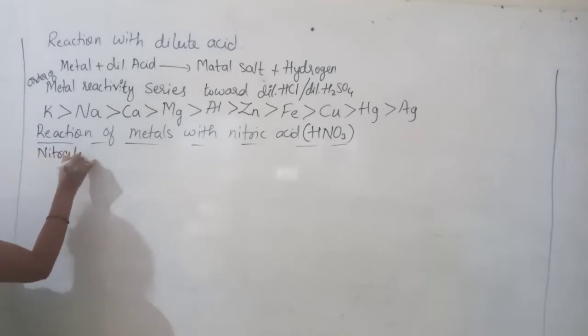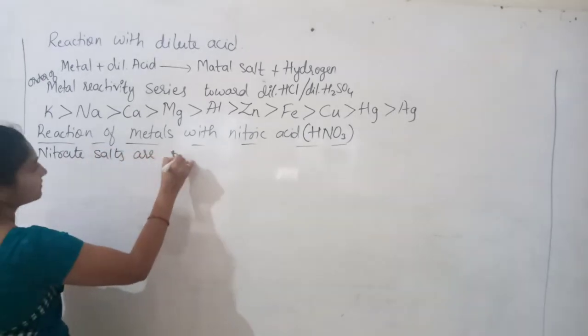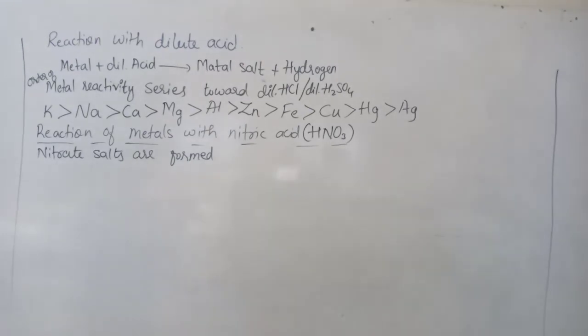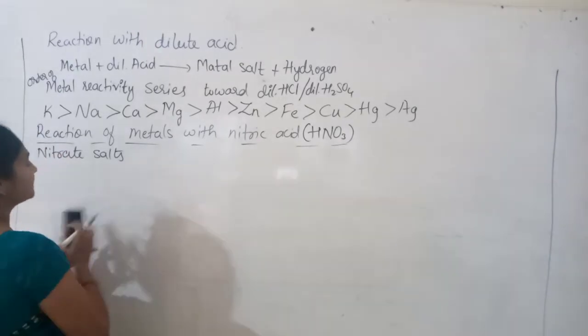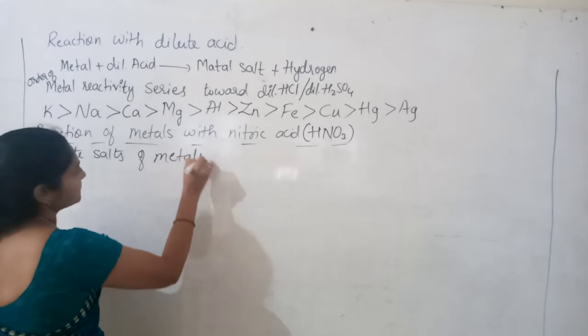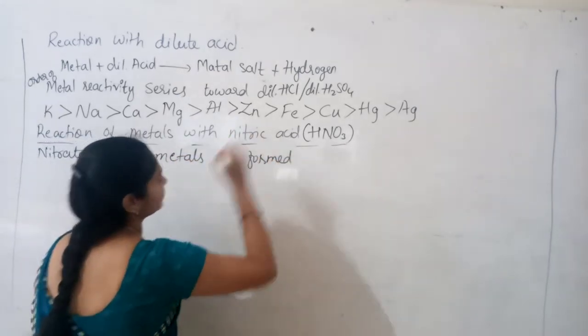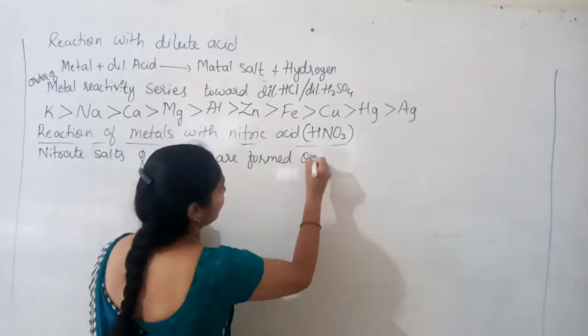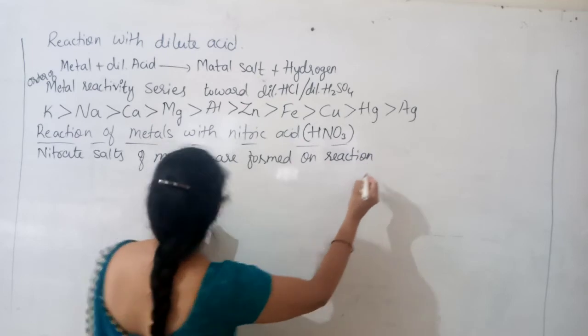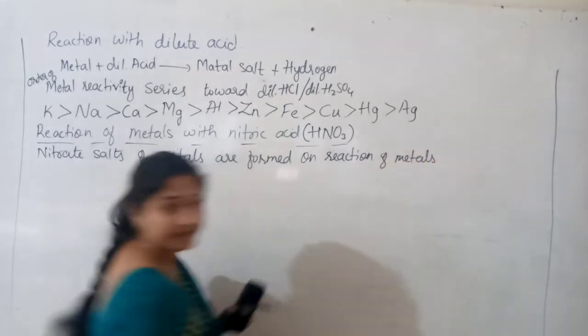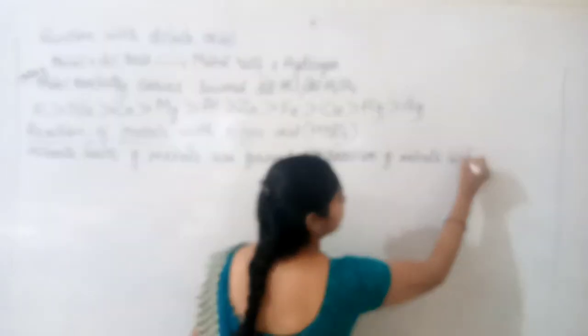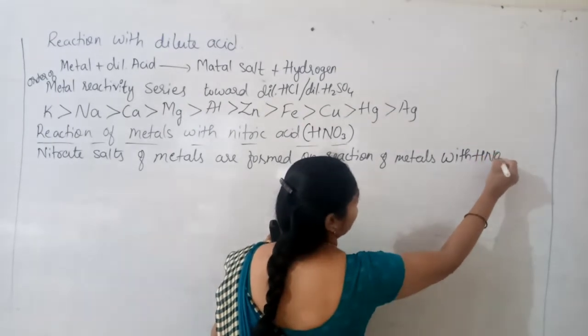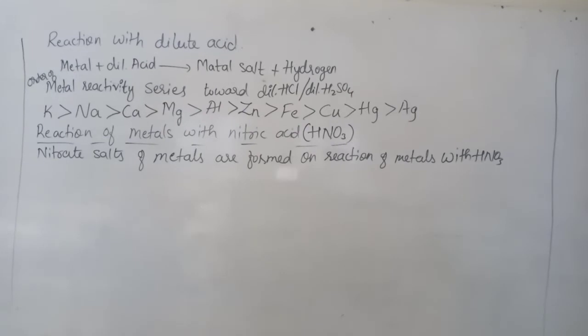So here nitrate salts of metals are formed on reaction of metals with nitric acid, HNO3, right? Okay.